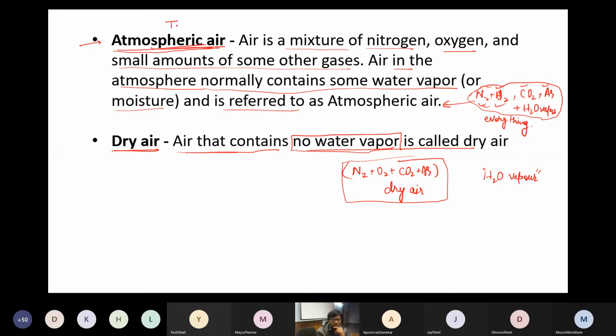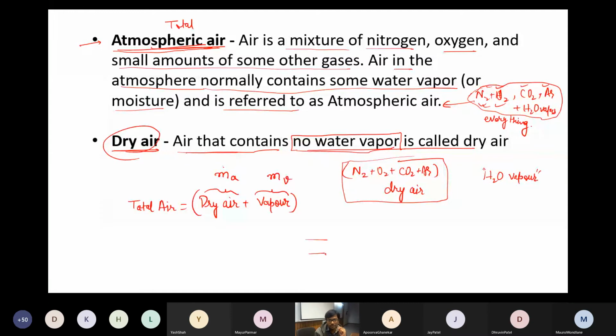So atmospheric or total air, the net air, is equal to dry air plus vapor, because we said initially that we are going to study these two things separately. Okay, so dry air mass has, let's suppose, ma, and this is mv. Okay, now you have a chamber.